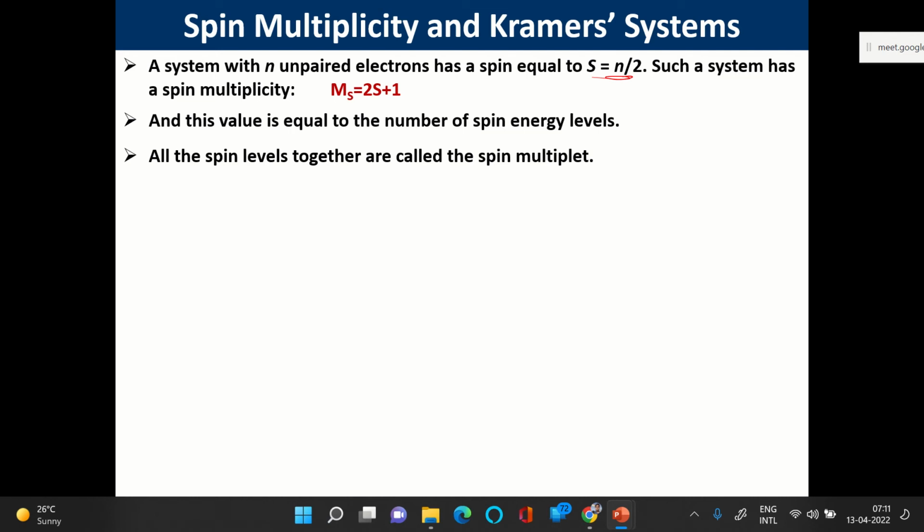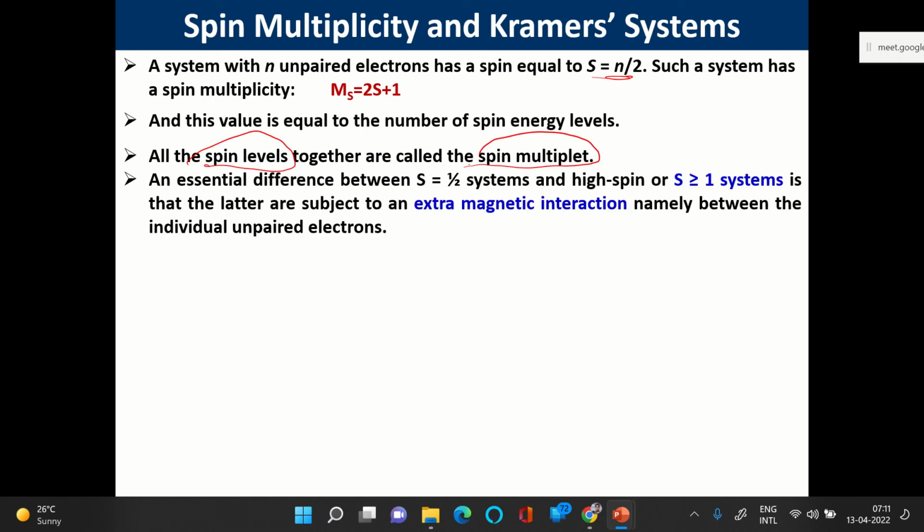Now you can have many more when such interactions occur, and spin coupling, spin-orbit coupling that we have already discussed in previous classes. Because of that kind of situation, you have spin multiplets. Different spin levels are created, which are called spin multiplets.